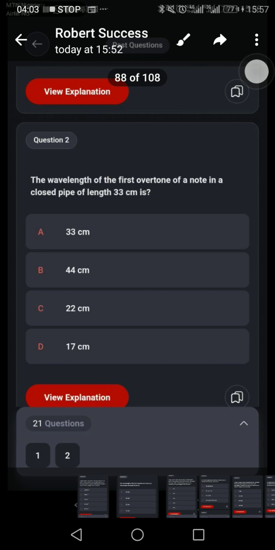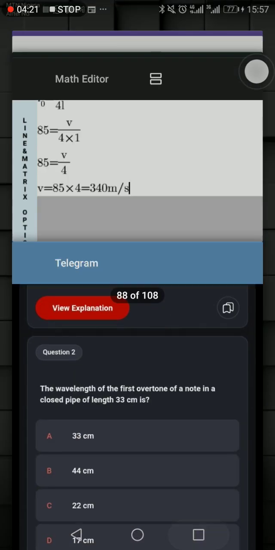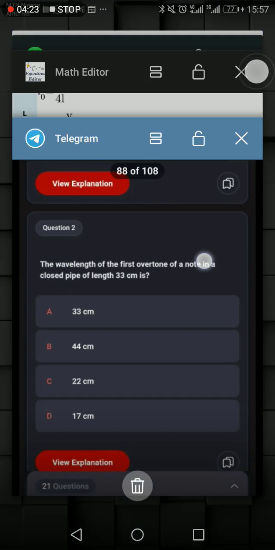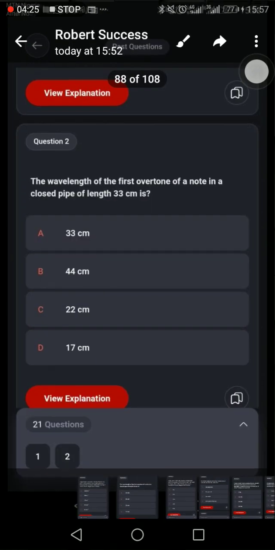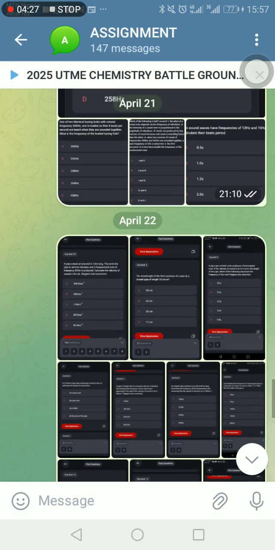So I got wavelength under the fundamental note, wavelength under the first overtone, wavelength under the second overtone. Let me go to the Telegram class right now and show you exactly what I mean.